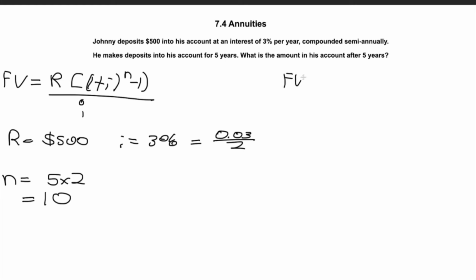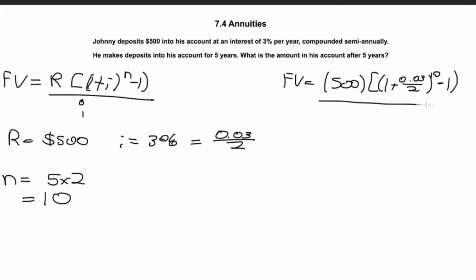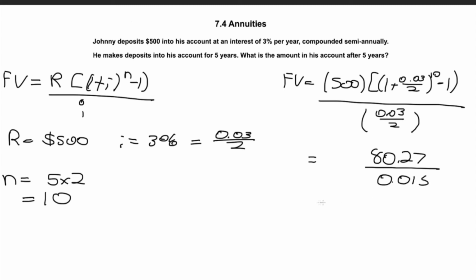So FV = 500 × [(1 + 0.03/2)^10 - 1] / (0.03/2). After punching the terms into the calculator, you will see that the top row will be 80.27 divided by the bottom row, which will then turn into 0.015.